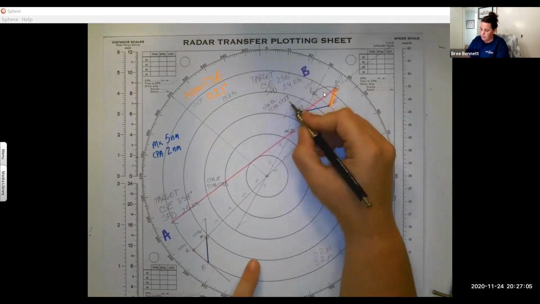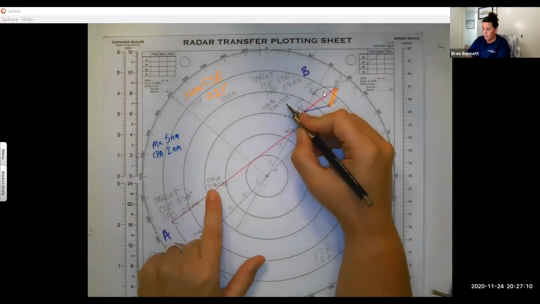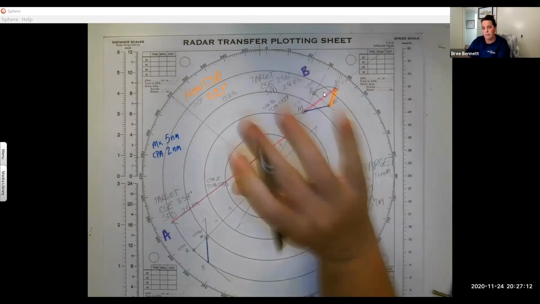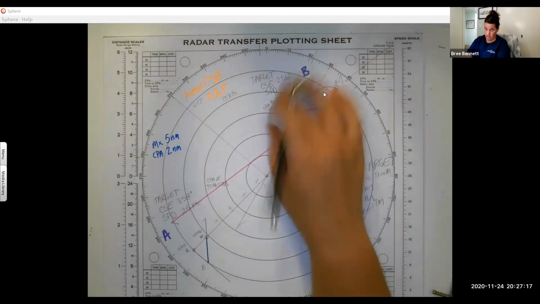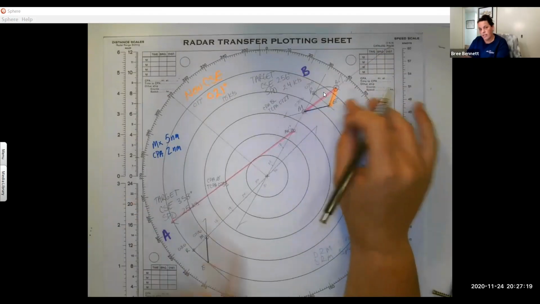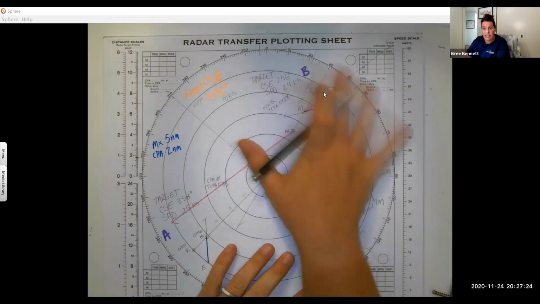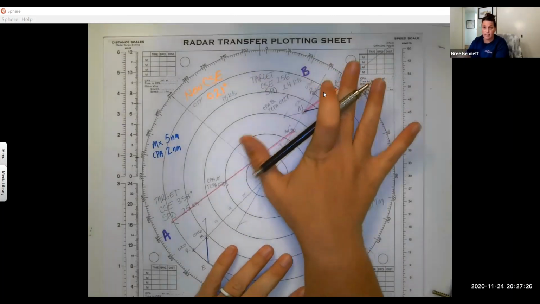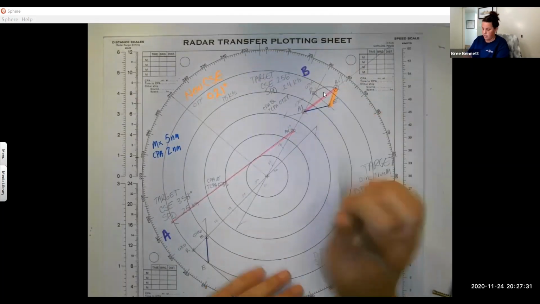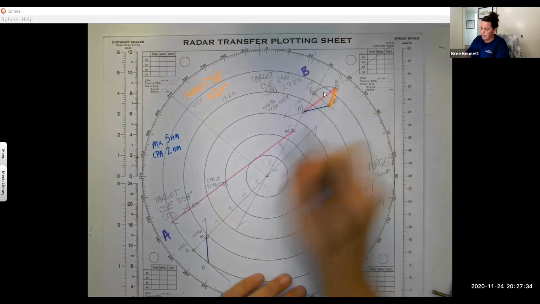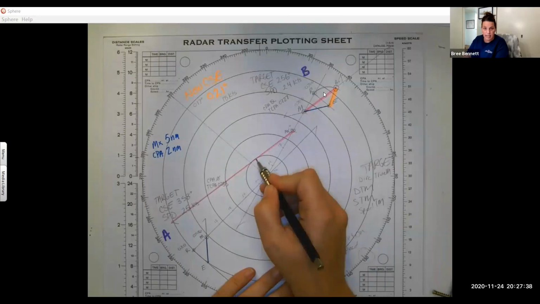Target B has a TCPA a little bit sooner than target A, and target B is on my starboard side, meaning I'm probably going to be the give-way vessel to target B over target A. I'm more concerned with things on the starboard side of me because that's who I have to give way to. So I plot my new course to let this guy have an MX of 5 nautical miles, passing 2 miles ahead of me.